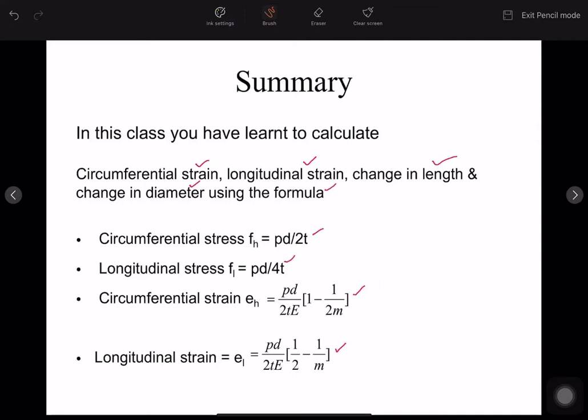Also we have seen epsilon v, which is volumetric strain; I'll explain its derivation in the next tutorial, and we will solve some numericals based on volumetric strain in the next class.